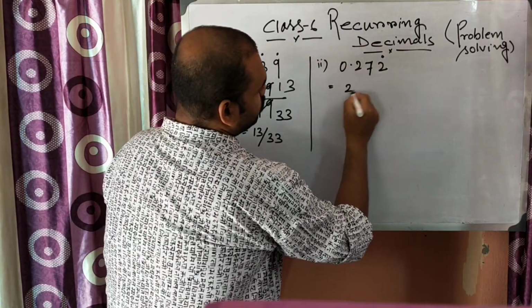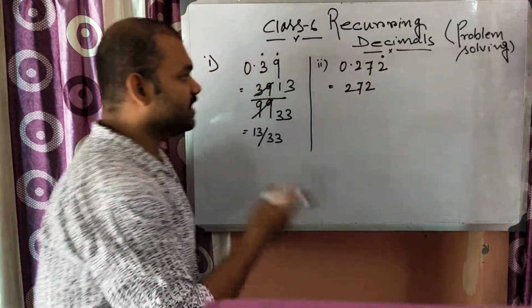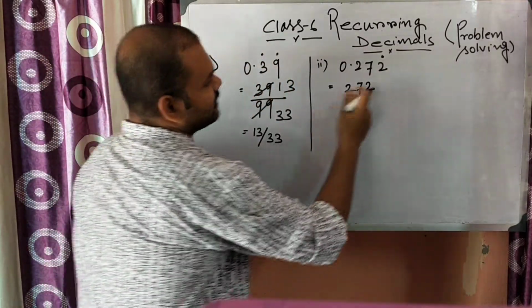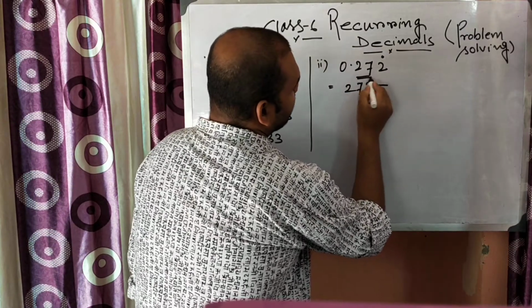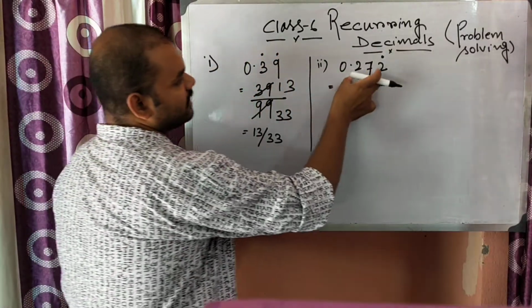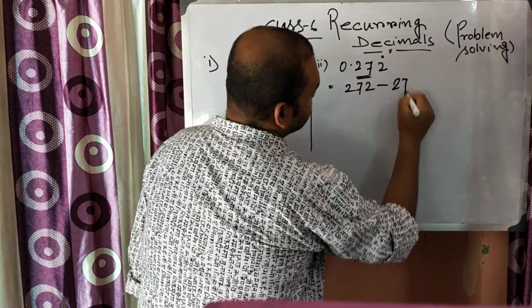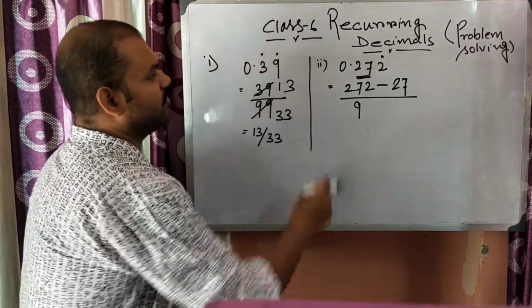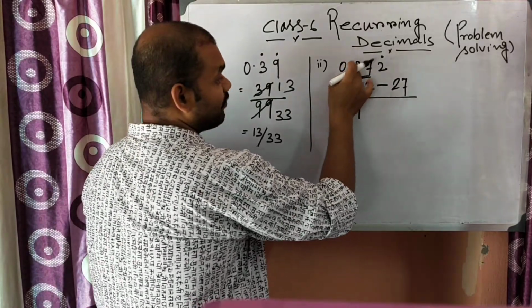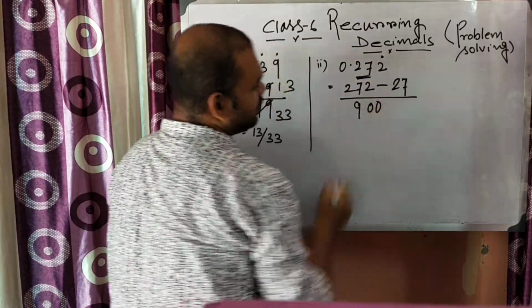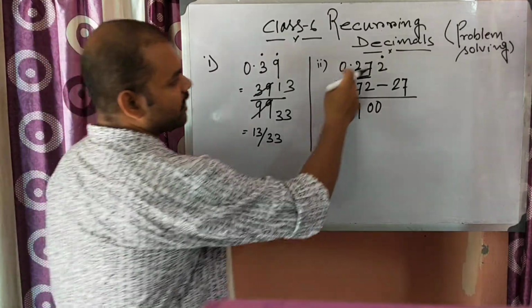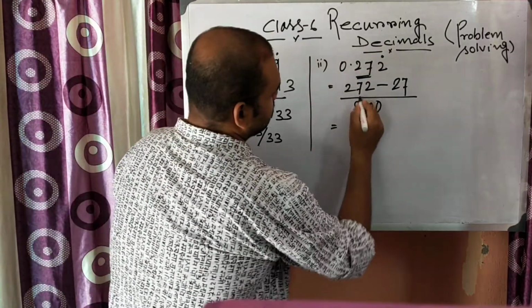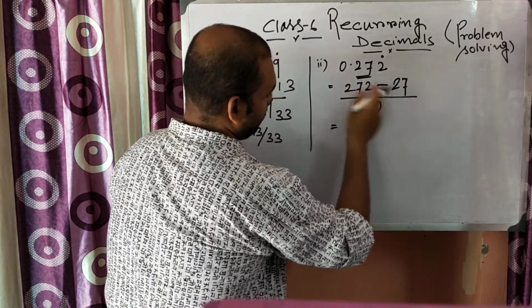So for this kind of case we need to write down the whole number 272 and then subtract the non-recurring digits. Here the non-recurring digit is 27, so subtract 27 from there. Now bring one 9 for the recurring digit, and for the non-recurring digit after the decimal you need to bring 0. How many non-recurring digits are there? 2, so bring 2 0.